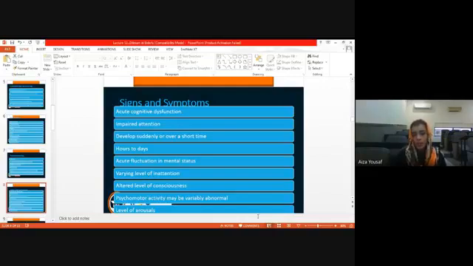It may last from hours to days, and there is acute fluctuation in mental status. There is a varying level of inattention, altered level of consciousness, and psychomotor activity may be variably abnormal due to different levels of arousal.